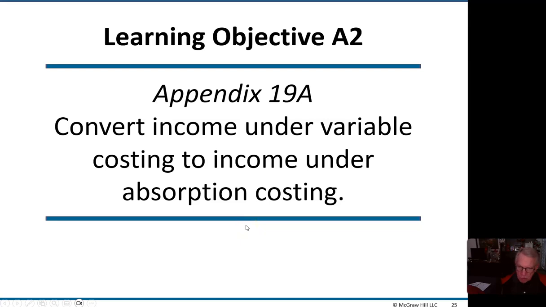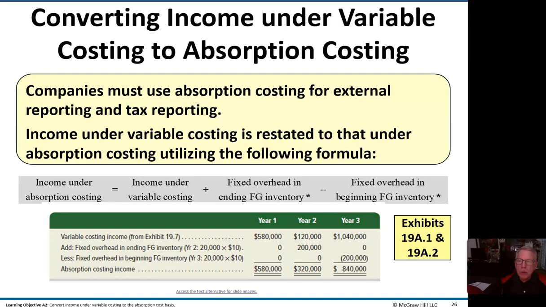All right, now we're going to take a look at converting income under variable costing to income under absorption costing. This is a key concept. We must use absorption costing for external reporting and tax reporting. But income under variable costing is restated to that under absorption costing utilizing the following formula.